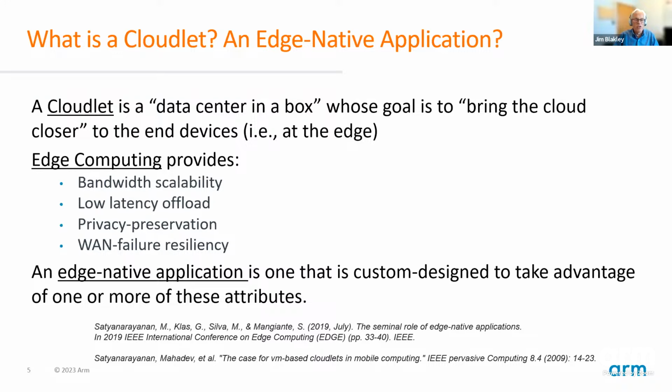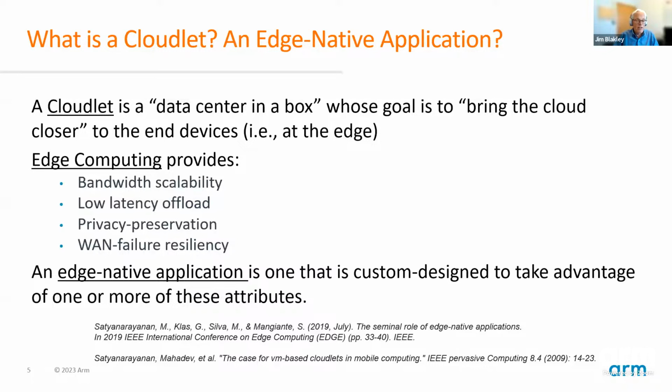And the reasons for doing this are really because of the value that location close to the user actually brings the application that the user is trying to use. So there's advantages in terms of bandwidth. There's advantages particularly in the form of low latency, round trip times getting through networks and back. There can be privacy advantages when you have data that's created at the edge that can be preserved at the edge.